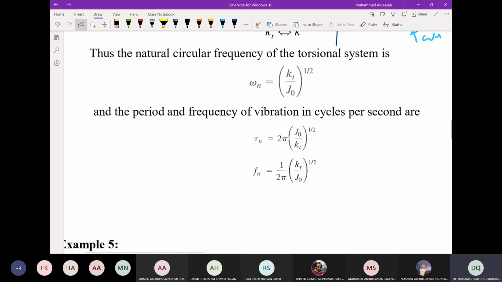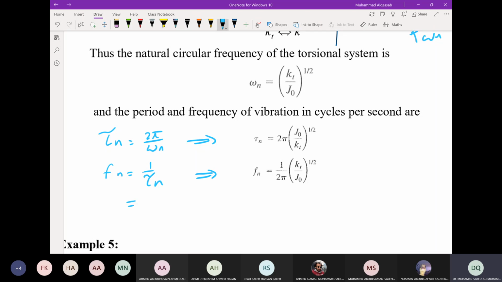And also you can find the period of oscillation and the frequency in cycles per second, the same way we did with the spinning mass system: tau n is equal to 2 pi over omega n, which leads to 2 pi square root of Jo over kt, and f n equal to 1 over tau n, which leads to f n equal to 1 over 2 pi square root of kt over Jo.